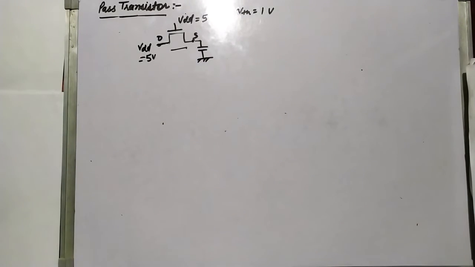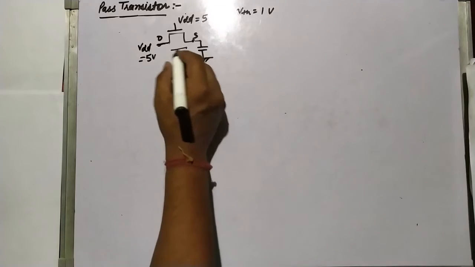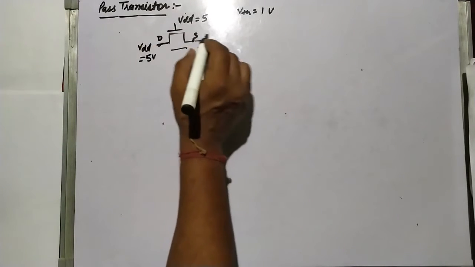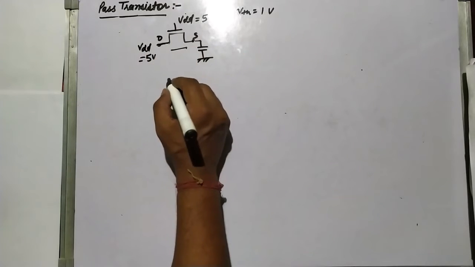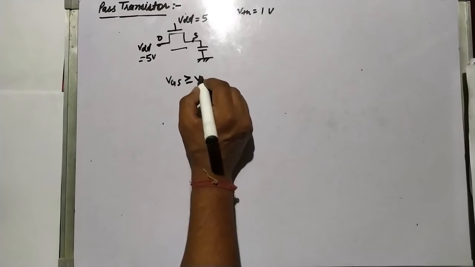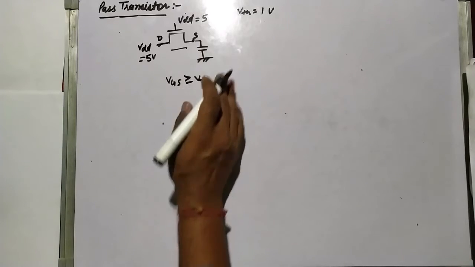Now see the condition for charging: the transistor will conduct when my VGS is greater than or equal to VTH. Up to that time my transistor will conduct.